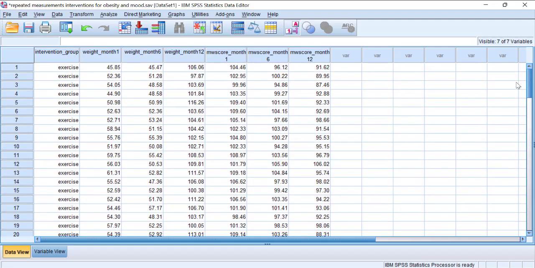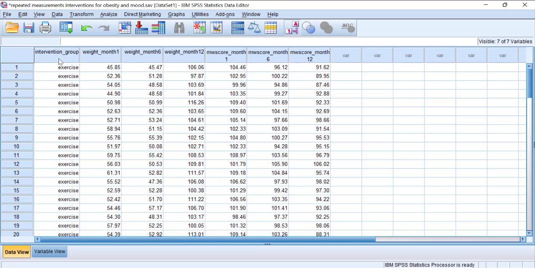Then we measured the weights on month 1, month 6, and month 12 for all the individuals, and we also measured the mental well-being score on month 1, month 6, and month 12.